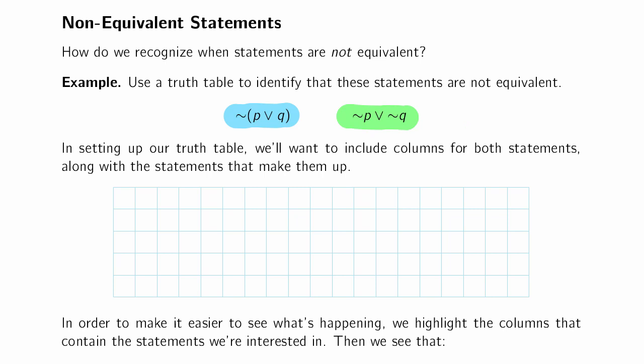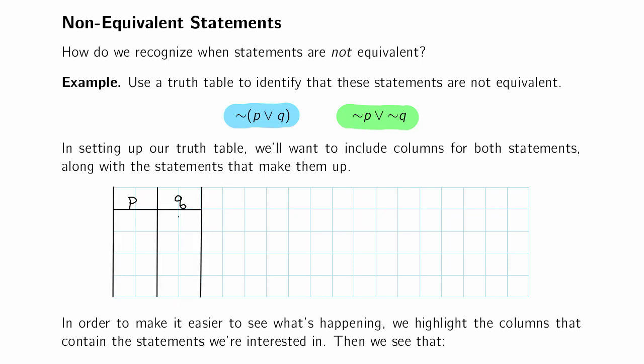So to set up our truth table, we'll need to make a plan. The beginning of our plan is, first we'll need columns for our simple statements. We have two simple statements, P and Q. Since we have two simple statements, we're going to need 4 rows in our truth table.